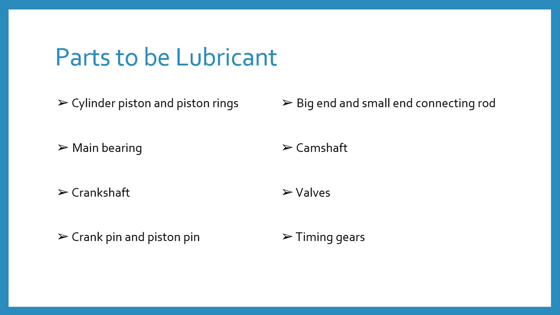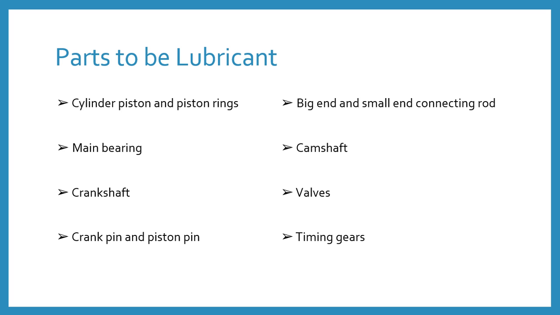Here some main bearing is also attached. So the big end and small end of the connecting rod, as well as the crankshaft, main bearing, crank pin and piston pin are also parts to be lubricated.